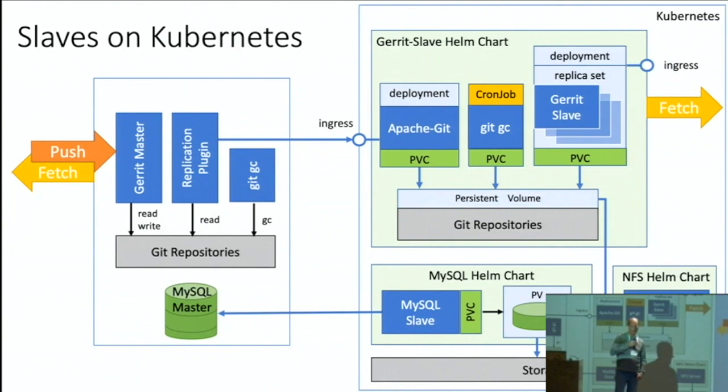In a similar way, there's an init container in the Gerrit slave pod, which waits for the database to be ready and also for the Git replication to be ready. So it waits until all project repositories arrive through replication, and then the Gerrit slave will start up.